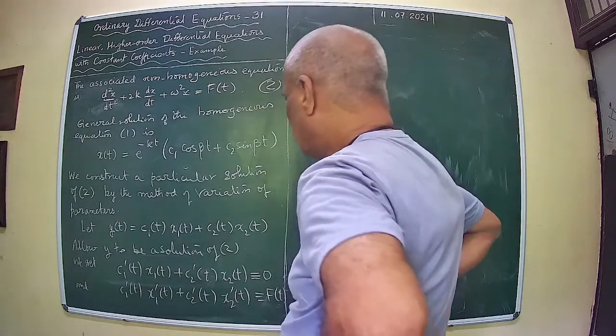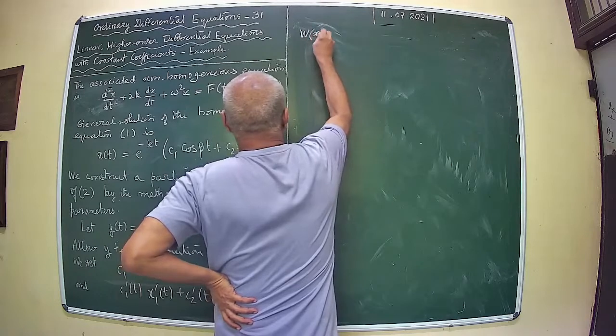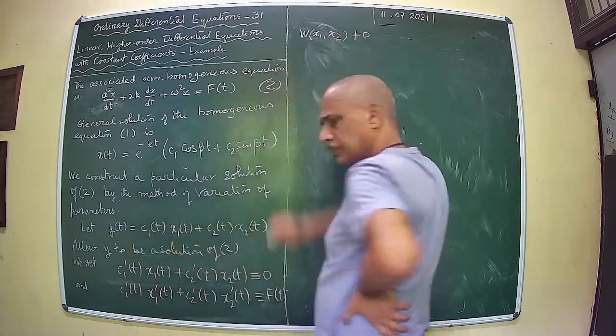That is because you see that the Wronskian is not equal to 0. That we can easily verify.